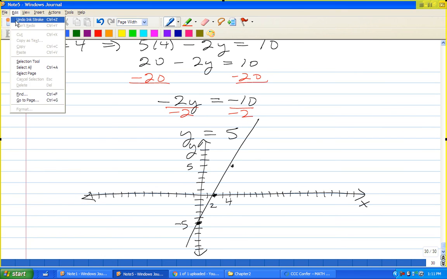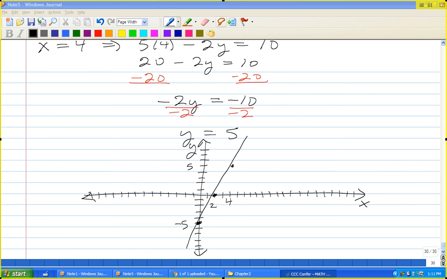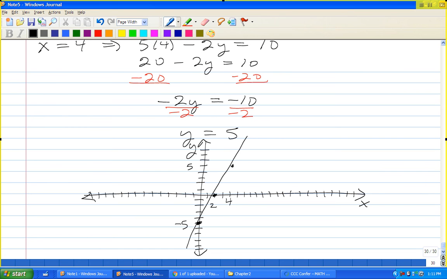Okay. I'm just going to scroll. It's a little hard to graph it. Good enough. That looks good to me. So this is a sketch of the graph.